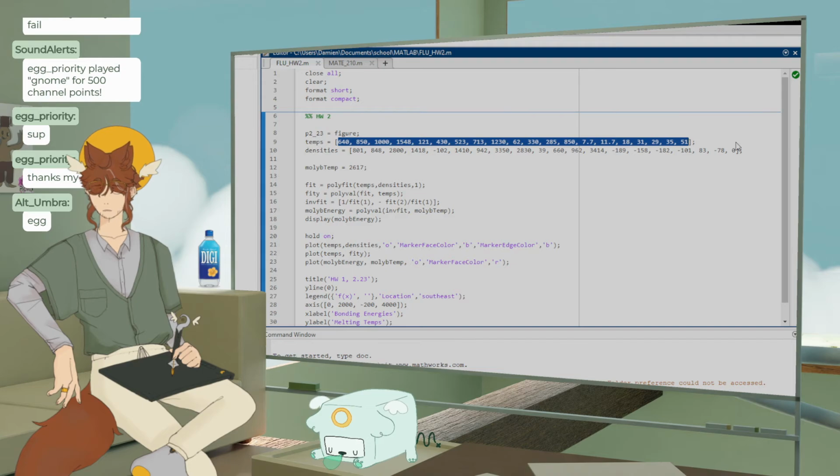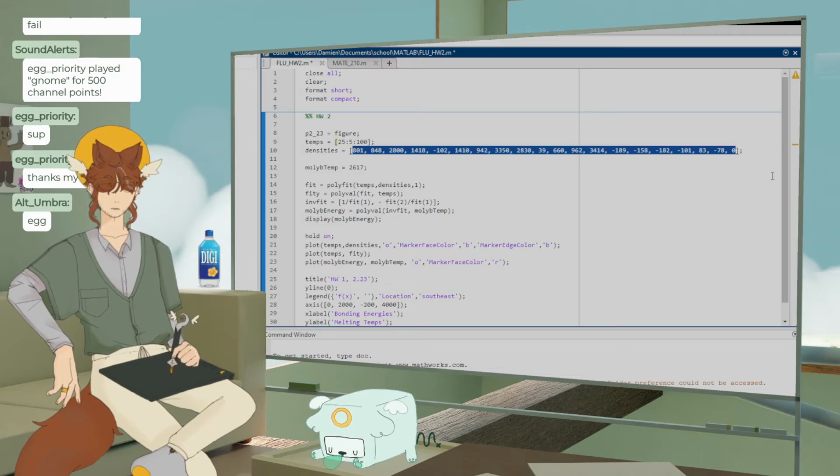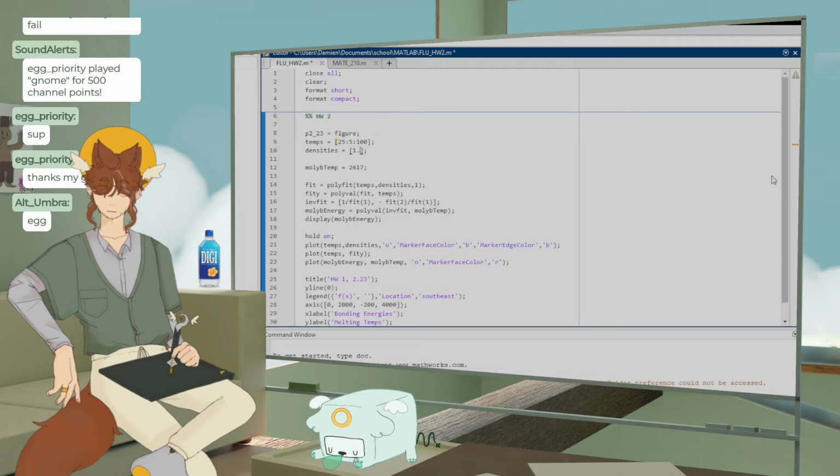I can probably... Yeah, I can do this. So we want to go from 25 to 5 to 100. And we want to put it on the densities. Okay, so 25 is... riveting.